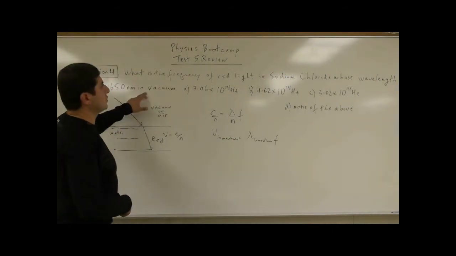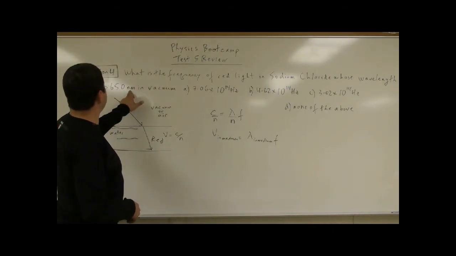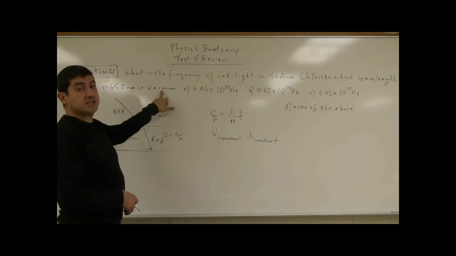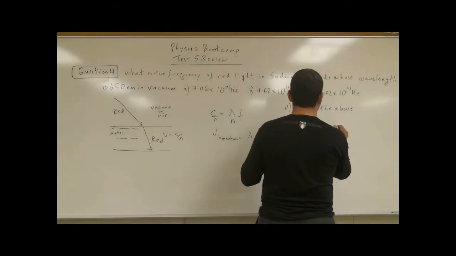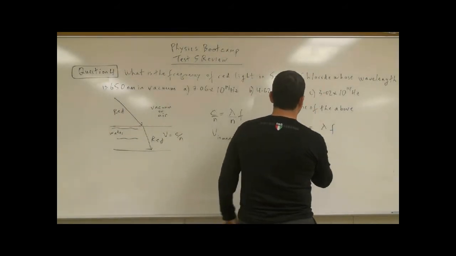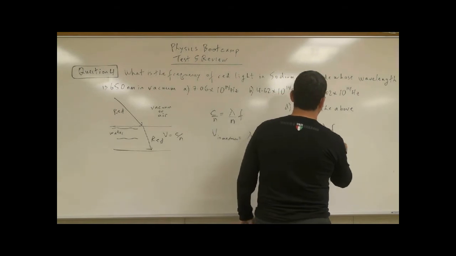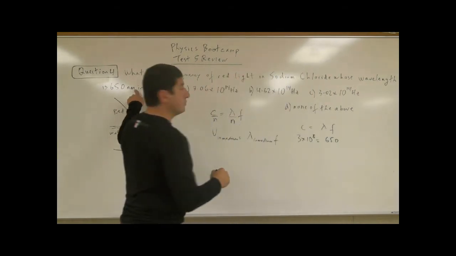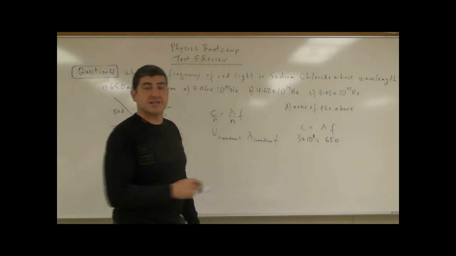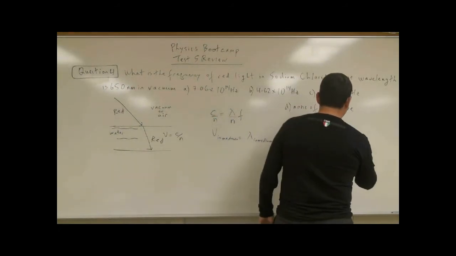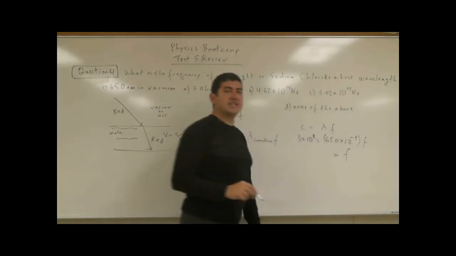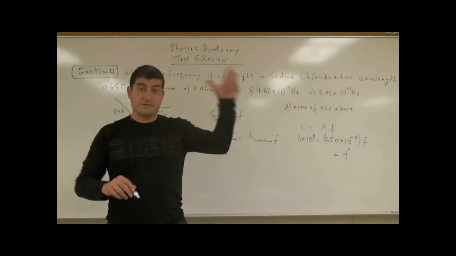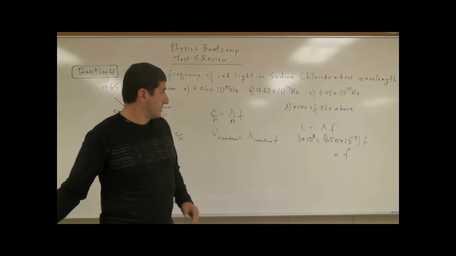So in this case, the wavelength is 650 nanometer in vacuum, right? So we have C is lambda F, 3 times 10 to the 8th, 650 nanometer. A nanometer is 10 to the minus 9 meter. So let's find the frequency of this light beam in vacuum, okay?